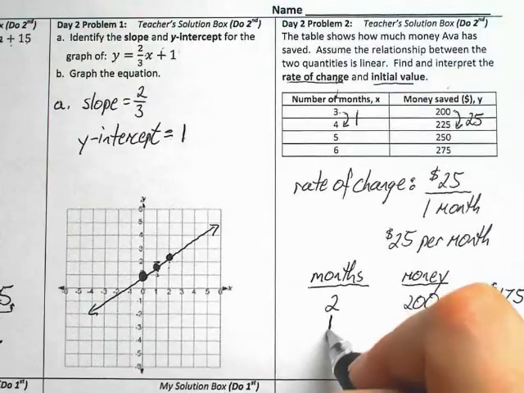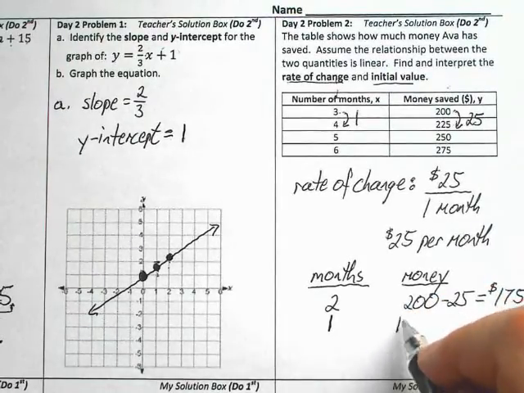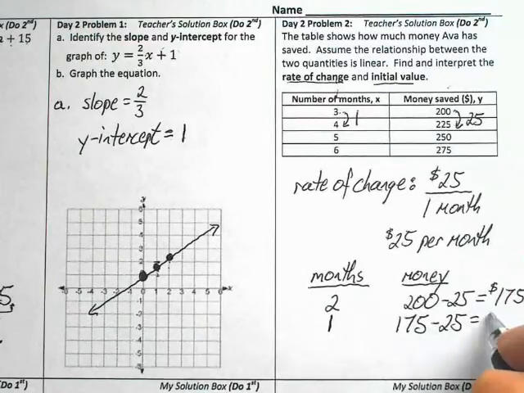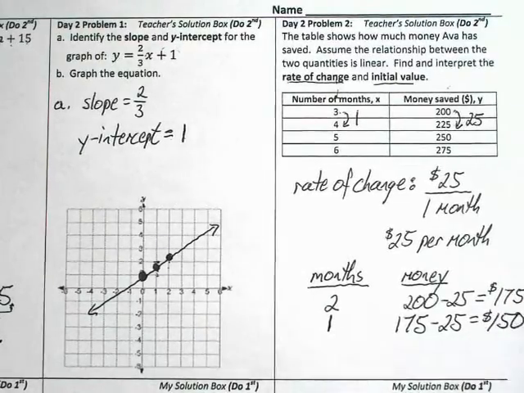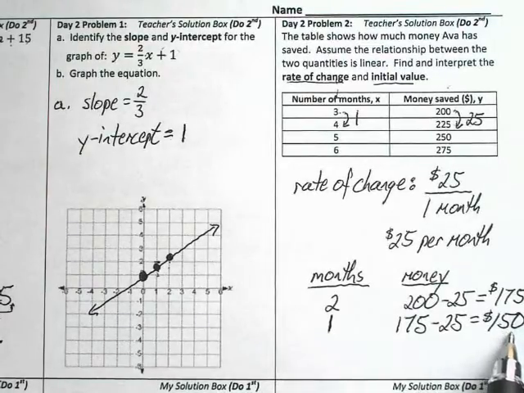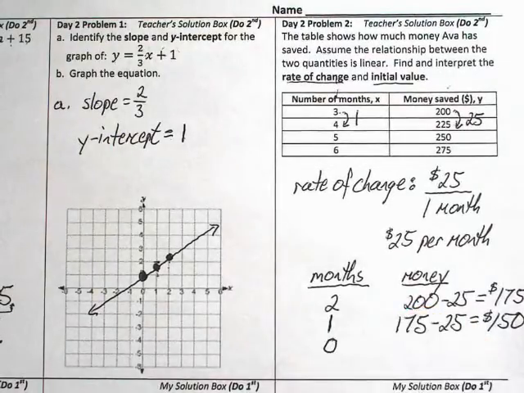What did she have after only 1 month of saving money? So let's begin with $175 and subtract 25. 175 subtract 25 is $150. After 1 month of saving, she had $150. One more time. What about when x is 0?